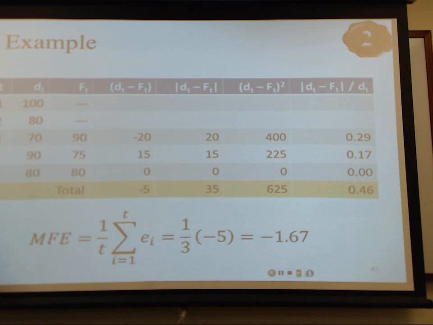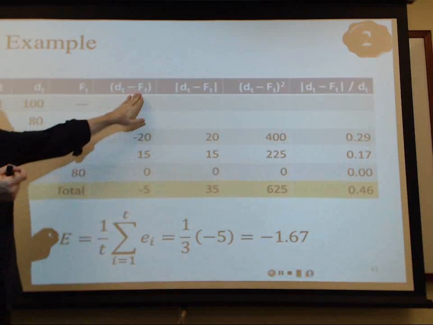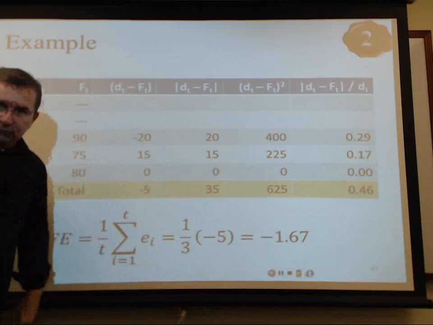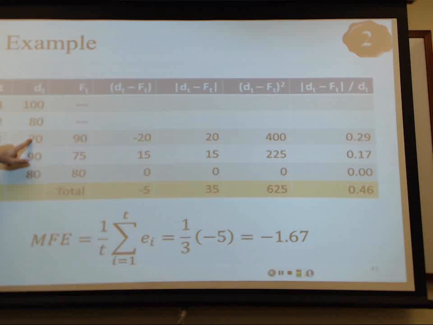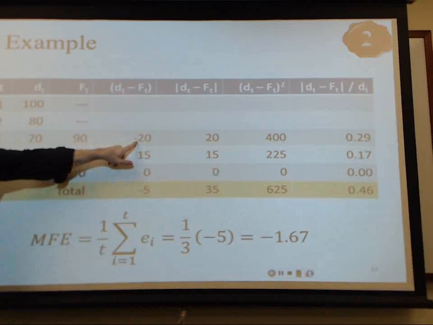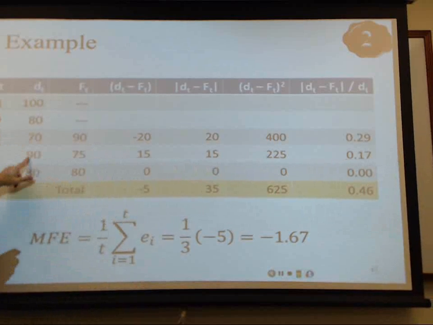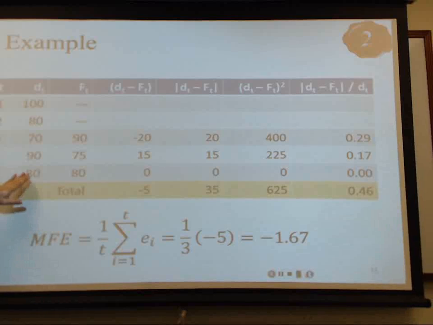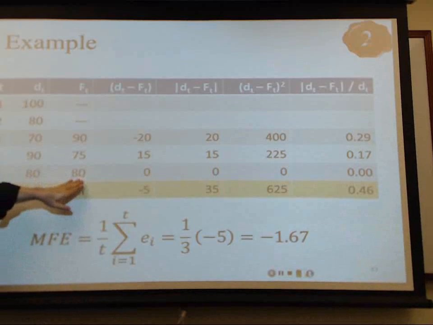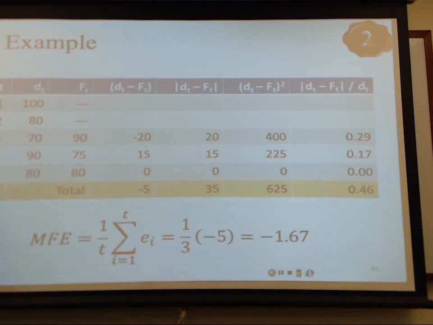Now, how far off are we for each of these periods? Okay, so I take the actual demand and subtract from it forecast. Okay, so 70 actual minus 90 forecast equals minus 20, actual 90, forecast 75, 90 minus 75, 15, actual 80, forecast 80, perfect, 0 forecast error. We're right on, okay? So these are the forecast errors.